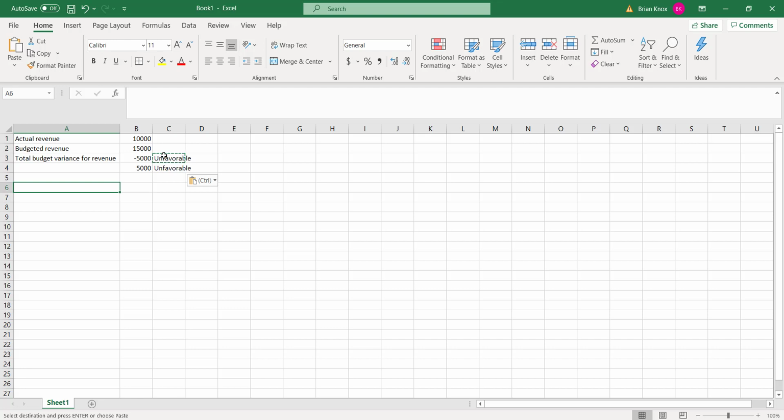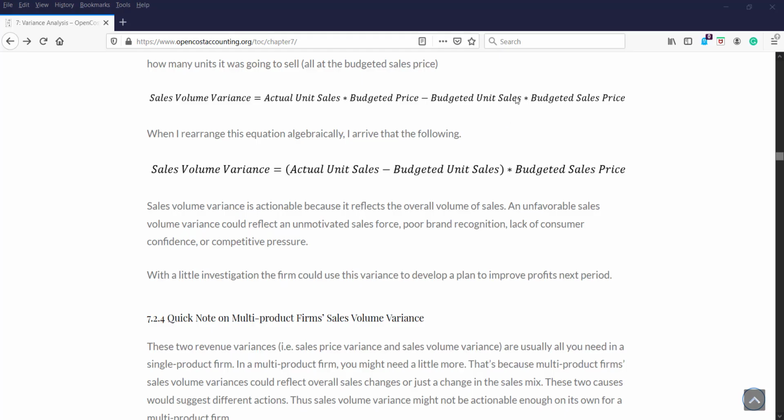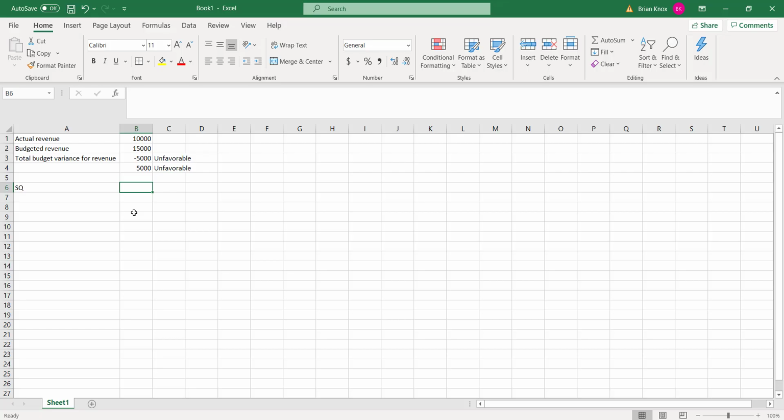And so let me just come up with some numbers here that hopefully all fit together. So let's just say the standard quantity, or the budgeted unit sales. That's the standard quantity. Standard is a budget component of the budget. Let's say that's 1,000. And let's say the standard price was $15.